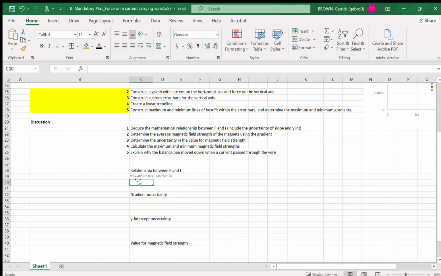Okay, so we have our linear relationship here, and this is given by y is equal to mx plus c sort of thing here. So if we write our y equals mx plus c, this is our usual linear format. You can see our m.